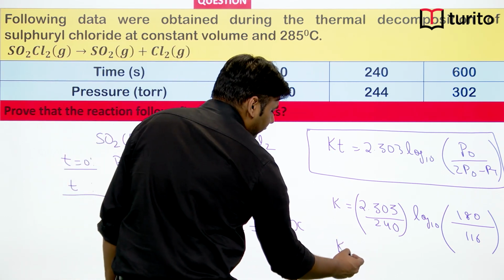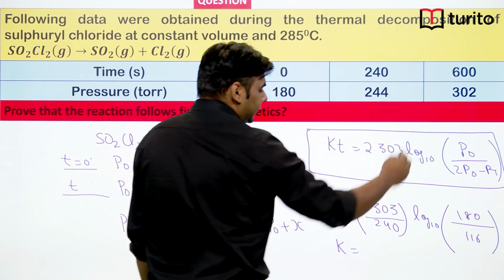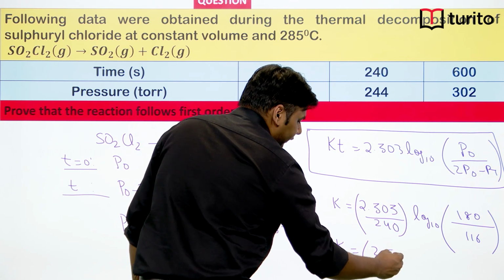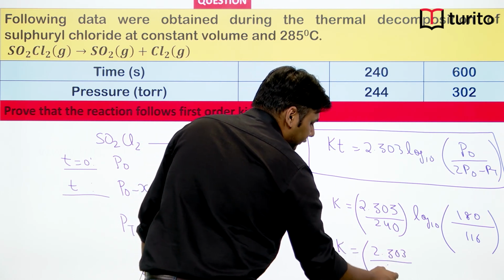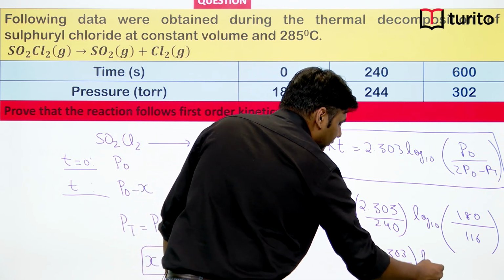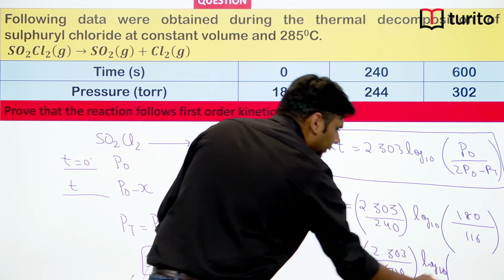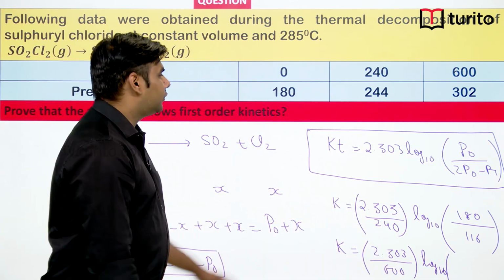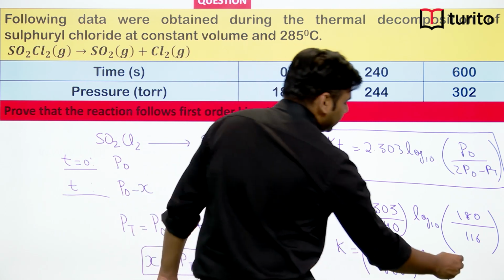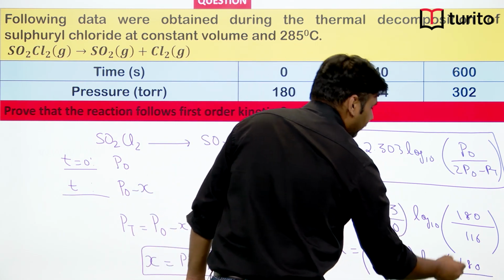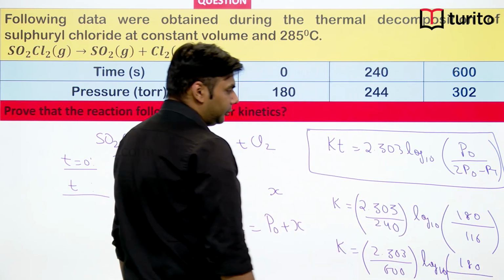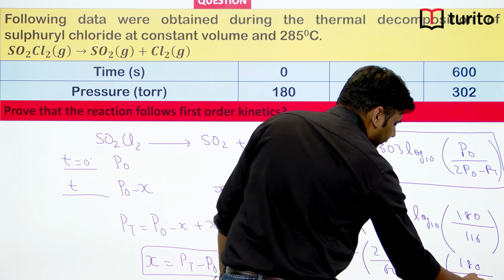Similarly, we can also calculate the value of k at 600 seconds. So this would be 2.303 upon 600 into log base 10 of initial, which was 180, divided by 2 P naught, that is 360 minus PT. So this is basically 58.